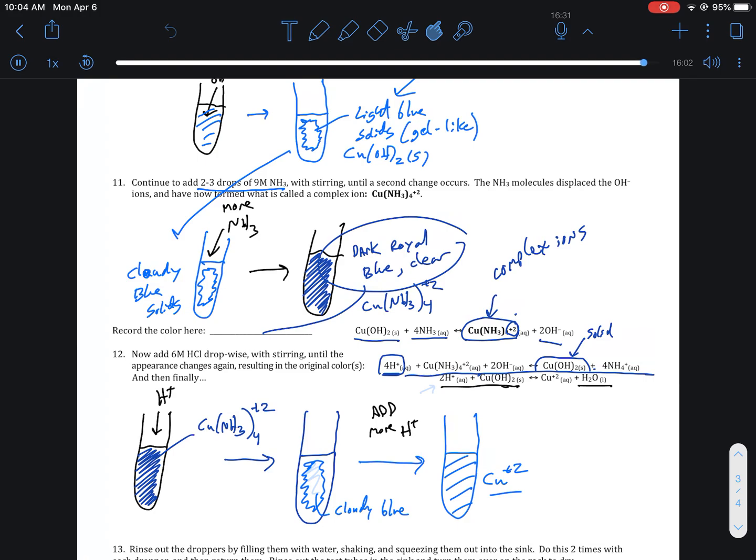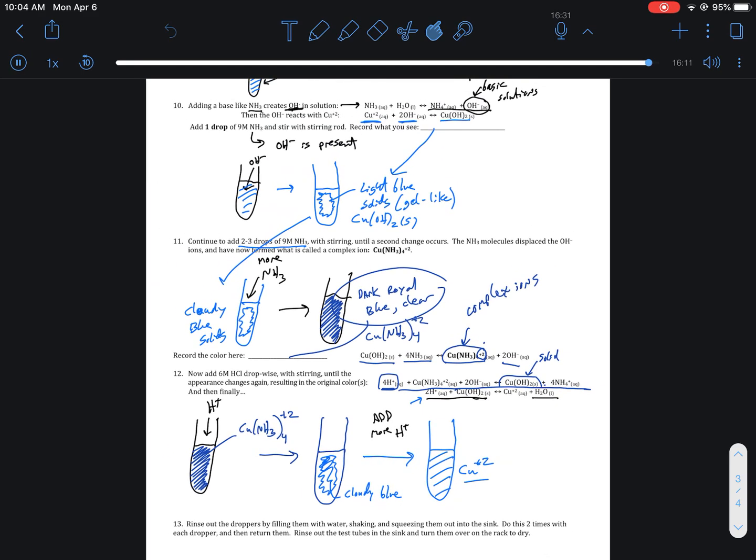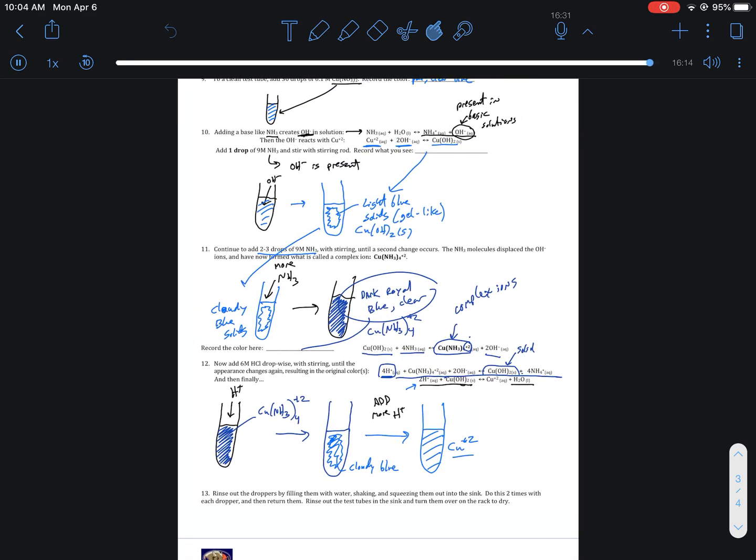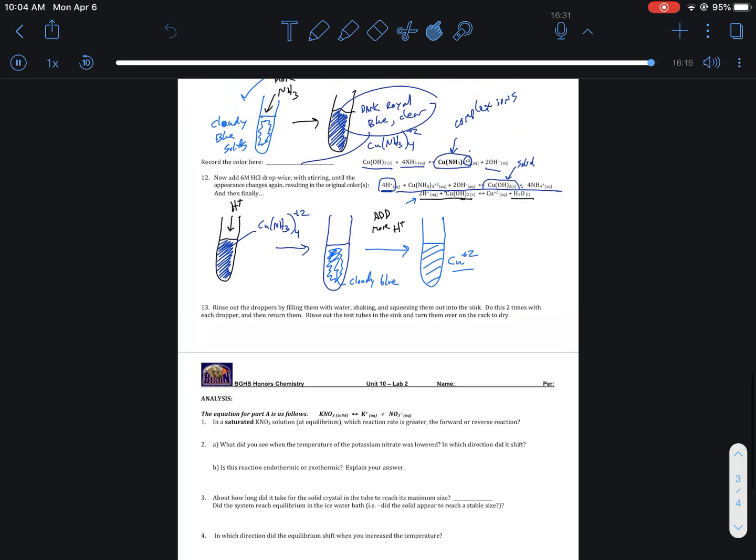And that's what we see here. And then adding more acid causes this reaction right here to happen. And now the copper hydroxides are completely cleared up and dissolved. And now we just have the copper 2 ion.